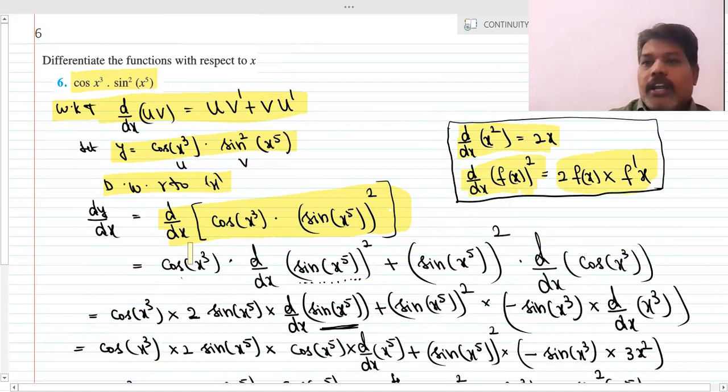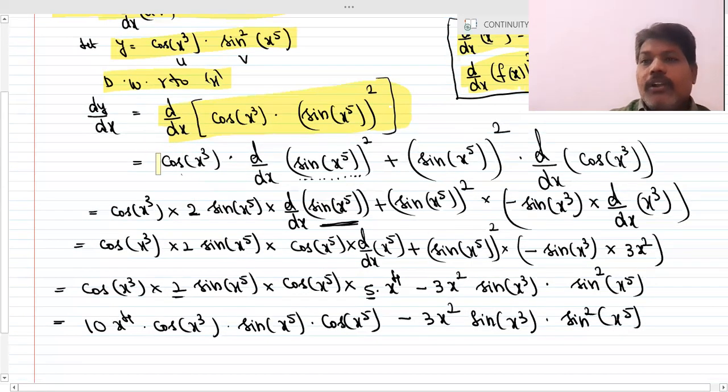So automatically what happens, students: here cos of x cube is the u, into the derivative of v, plus v into the derivative of u.